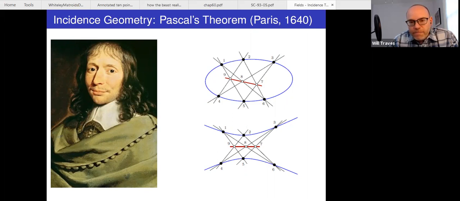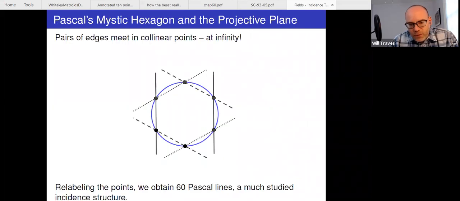Some of the relabelings are trivial, and so they don't count, but there's 60 non-trivial ones. And that gives 60 lines. And that configuration of 60 lines is called Pascal's hexagrammum mysticum. And it's been studied by almost every important geometer in the following years.